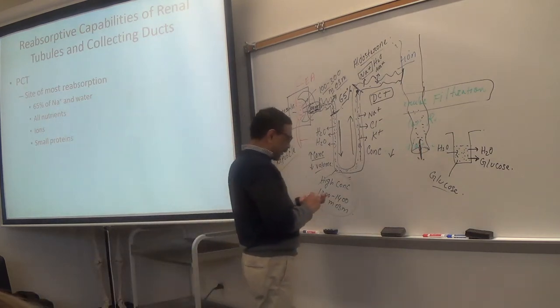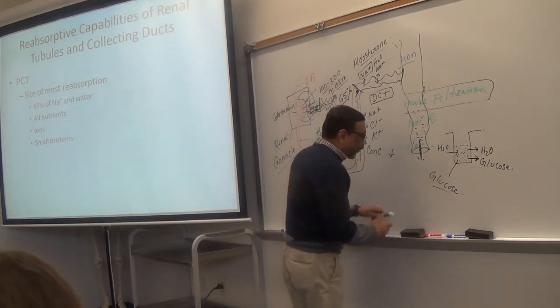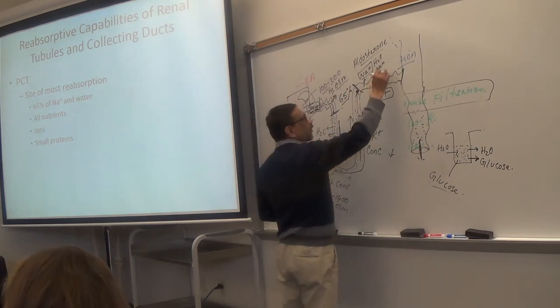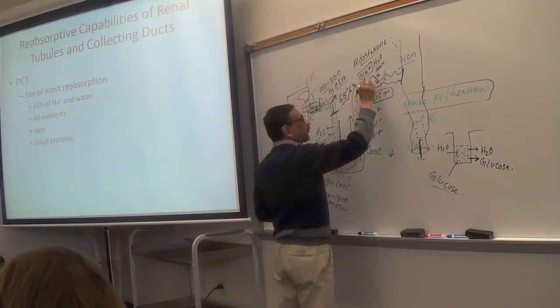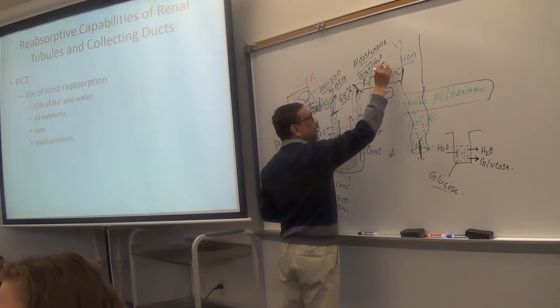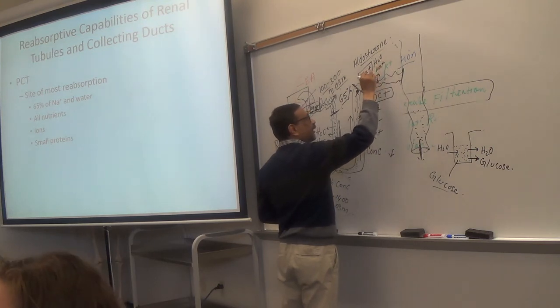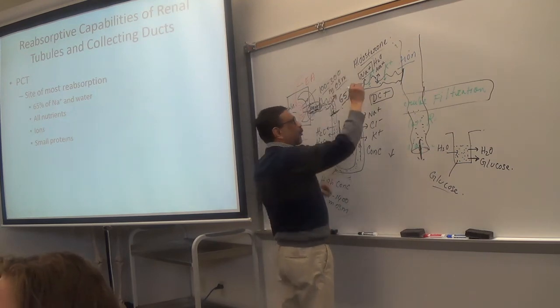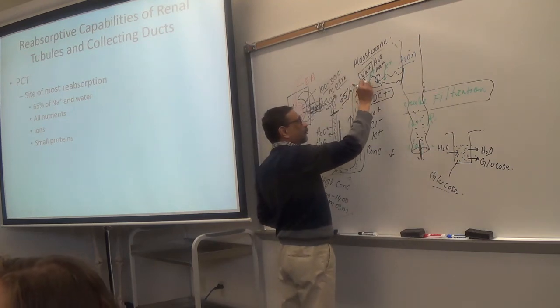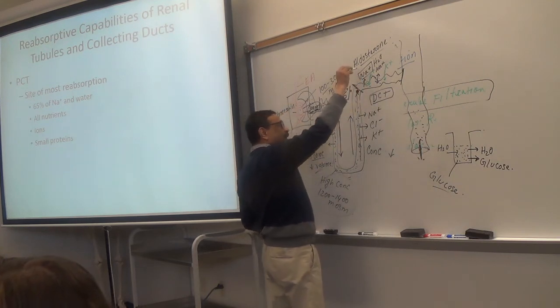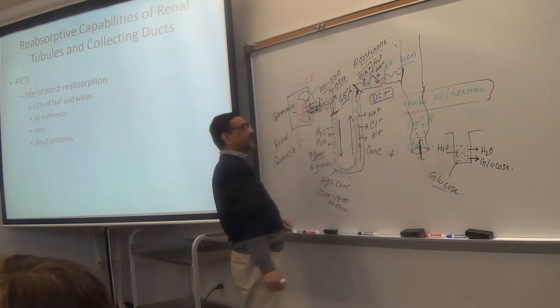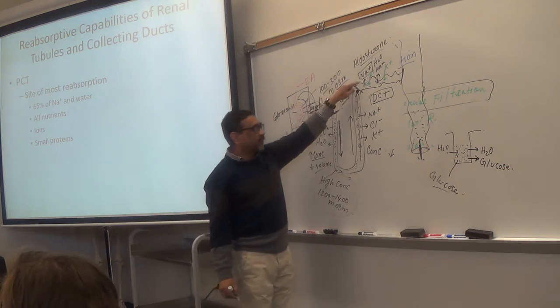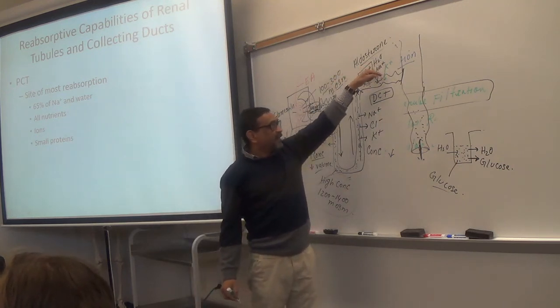And in exchange for that, potassium will get in. Potassium ion will get in. So sodium will get out, and in exchange, potassium will get in. So reabsorption of sodium and secretion of potassium.